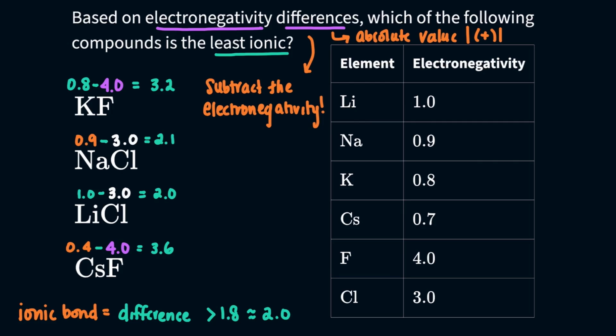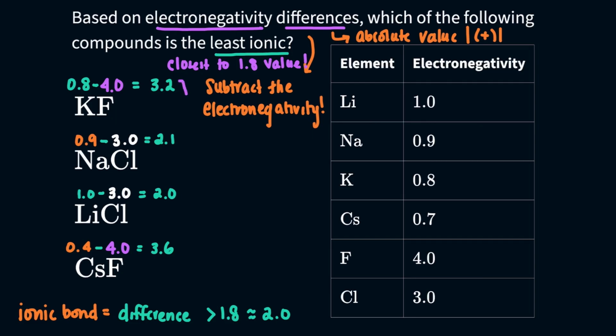Seems so long ago. But anyway, if we are classified as ionic, we just have to be greater than 1.8, which all these differences are. And just know that the greater the number, the more ionic. So if we want to find the least ionic, we want the one closest to that 1.8 value.